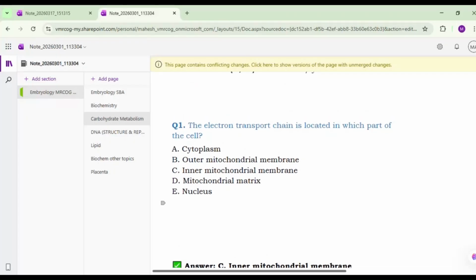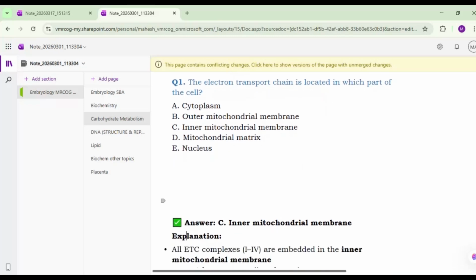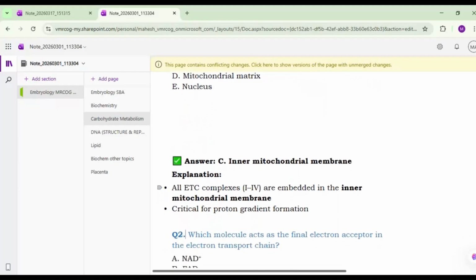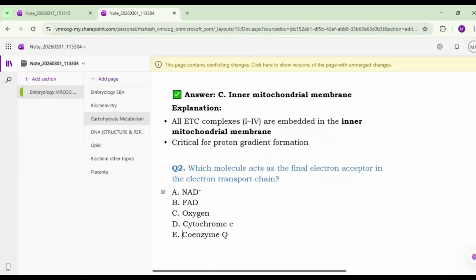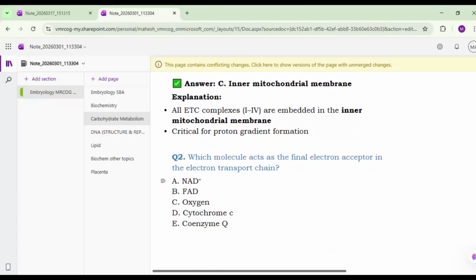Yes, sir. The electron transport chain is located in which part of the cell? In the mitochondrial membrane. Yes, option C, inner mitochondrial membrane. I have already mentioned that all locations you should know. All ETC complexes 1 to 4 are embedded in the inner mitochondrial membrane, and they are critical for proton gradient formation.